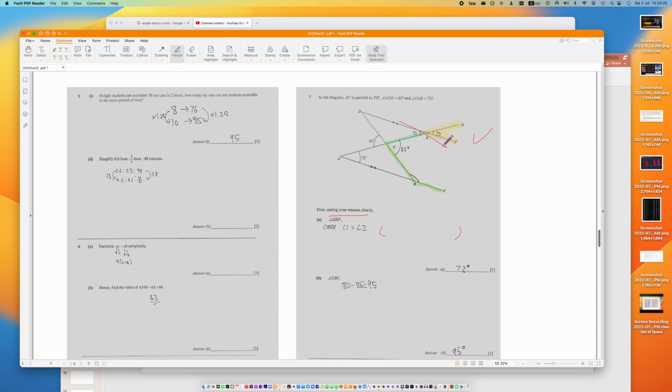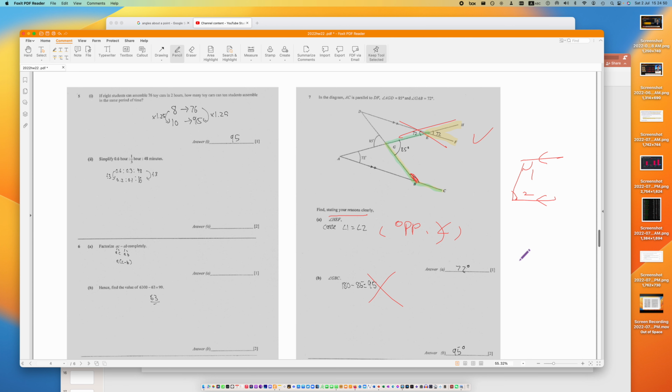What is this? X. Opposite angle. Then GBC, where is GBC? This is not 180. Why is it not 180? This is not the C. What's the C?